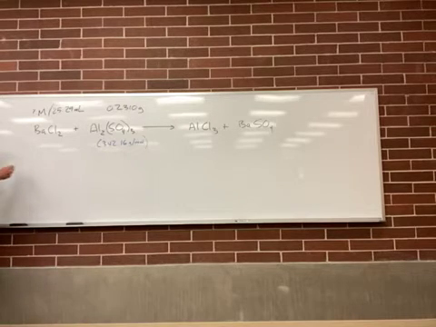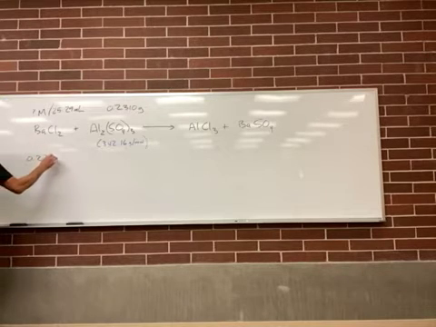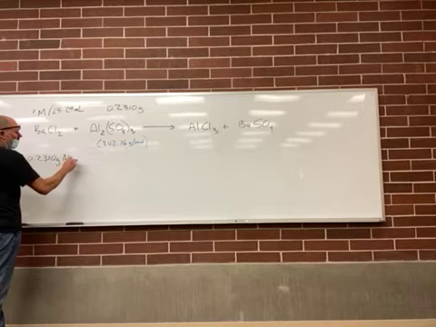So I'm going to start with setting up the equation. I've got 0.2310 grams of aluminum sulfate.